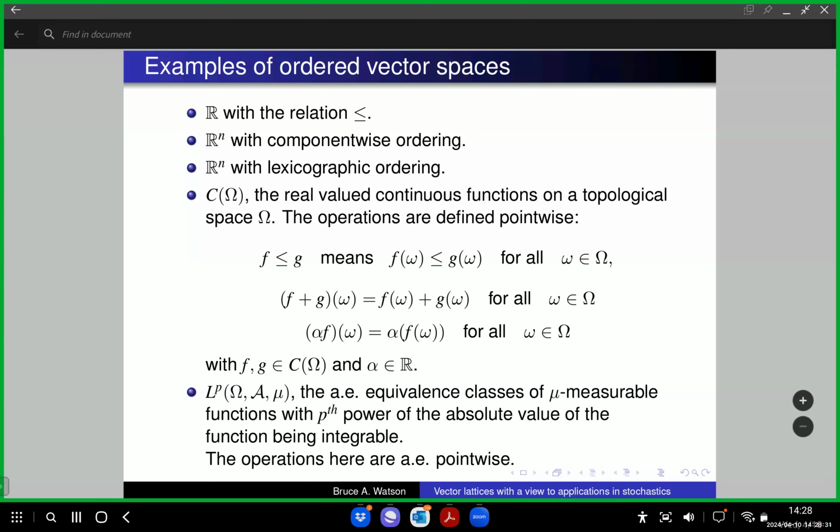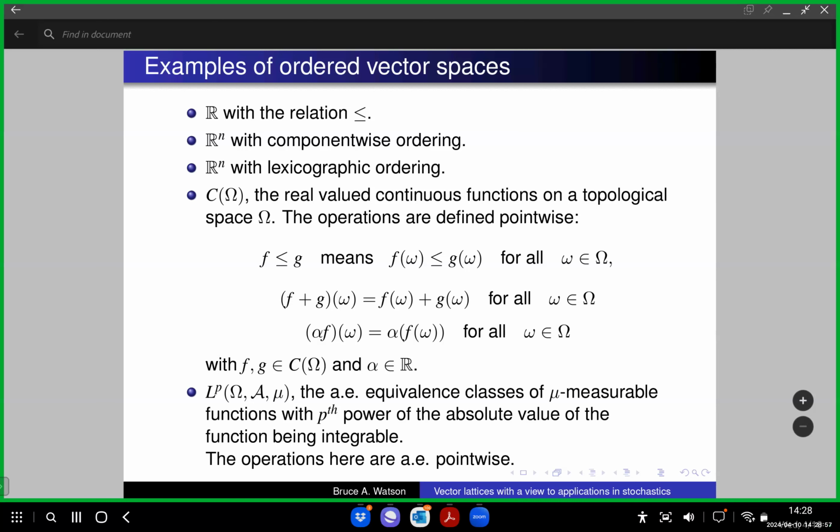Now the real-valued continuous functions over a topological space, Omega, where we define the operations pointwise. So we mean that f is less than or equal to g to mean f of omega is less than or equal to g of omega for all omega in capital Omega.